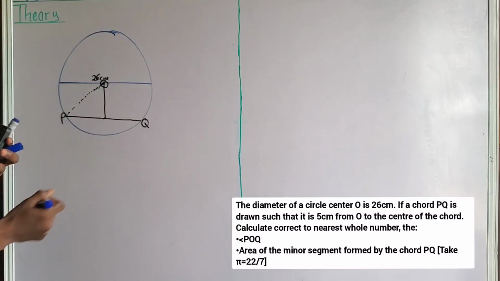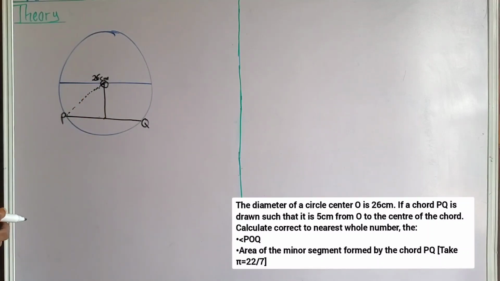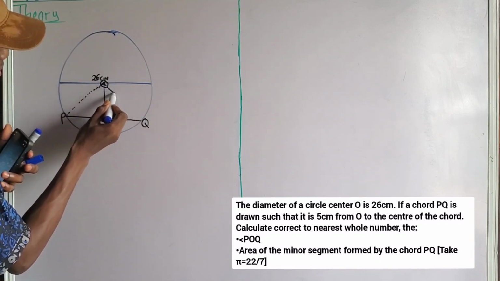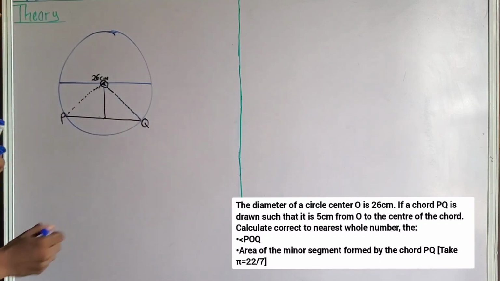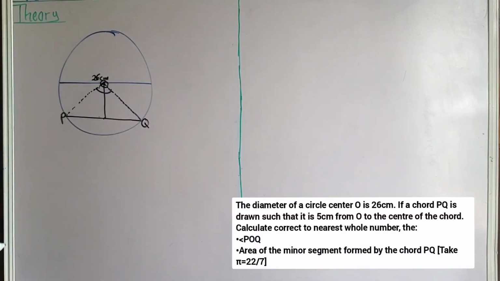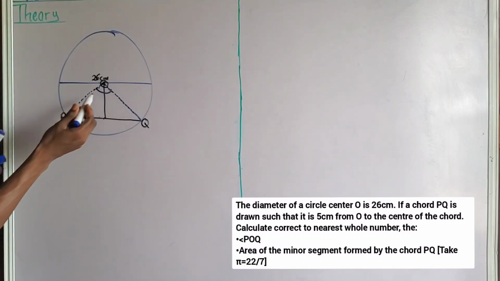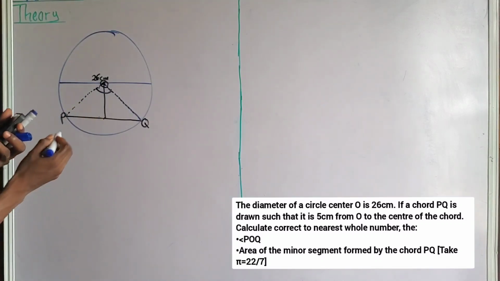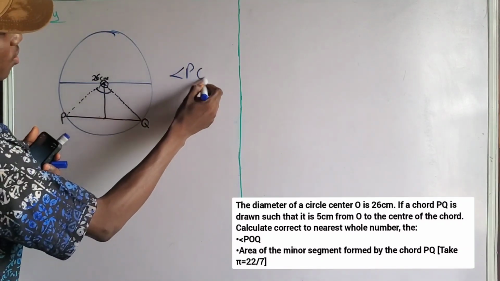Radius is any line from the center of the circle to any point on the circumference. So I'm going to sketch this as well. Now, this is the angle that we have to calculate. Do you understand? This is the angle that we have to calculate, angle POQ.